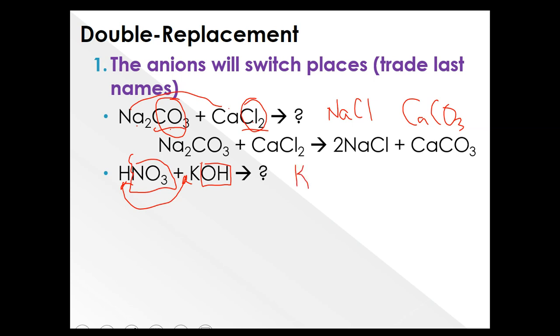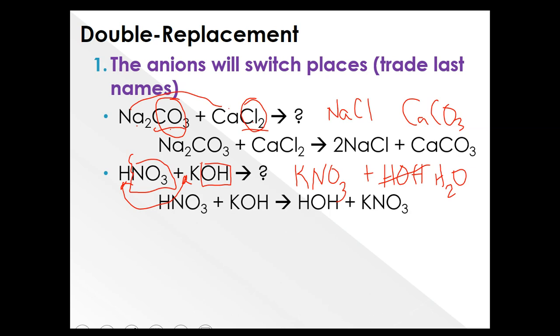So we're going to get KNO3, and HOH. Now that's not a thing, guys. How do we actually represent that? We represent that as H2O, water. Okay, and then you go back and balance that like that.